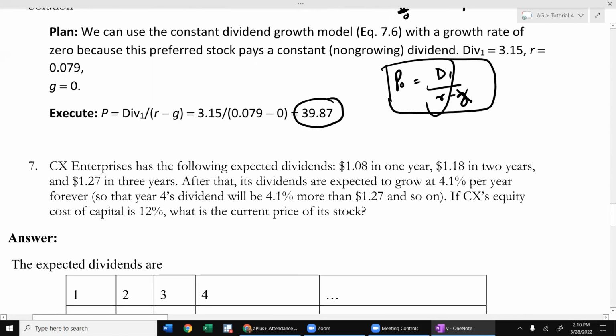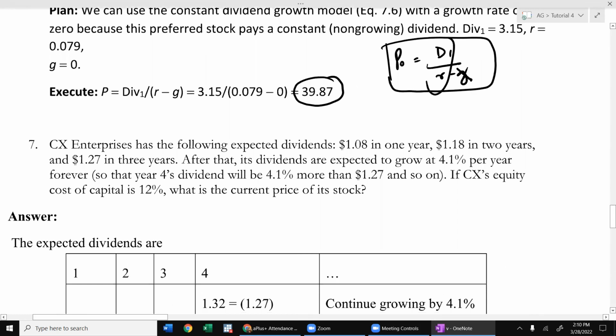Now, CX Enterprise, again a company perspective, has the following expected dividends: 1.08 in year 1. Let me draw it here. D1 is 1.08, D2 is 1.18 in 2 years, and D3 is 1.27 in 3 years.